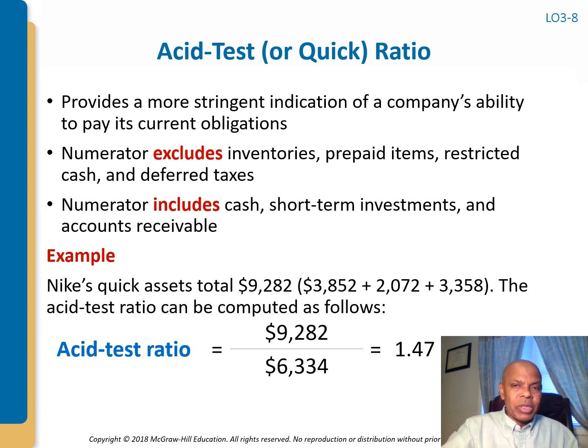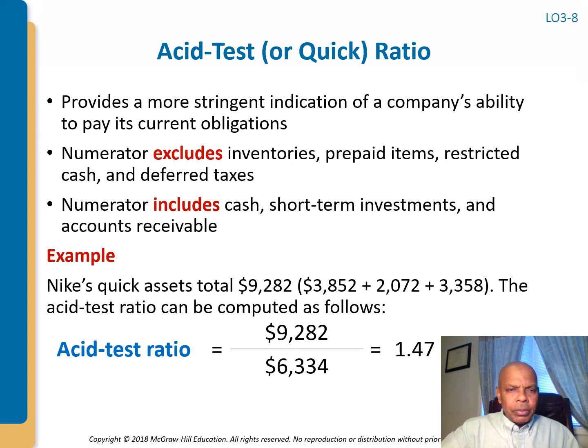Inventory, prepaid items, how can you take the money back? They are current assets, but they are not going to be converted into cash quickly, so you remove them. The numerator includes cash, short-term investments, and accounts receivable.